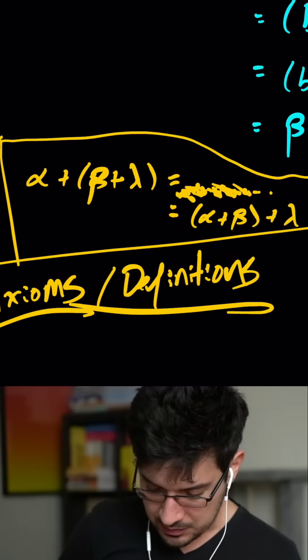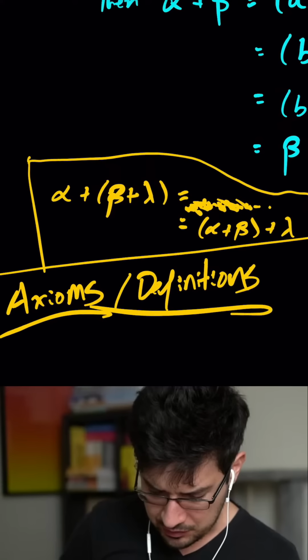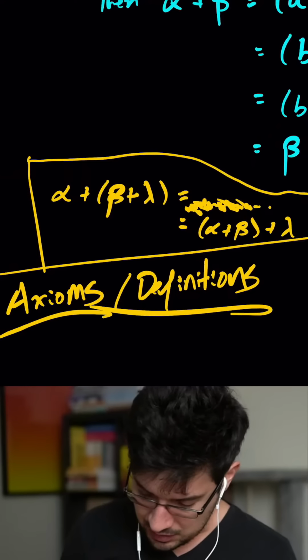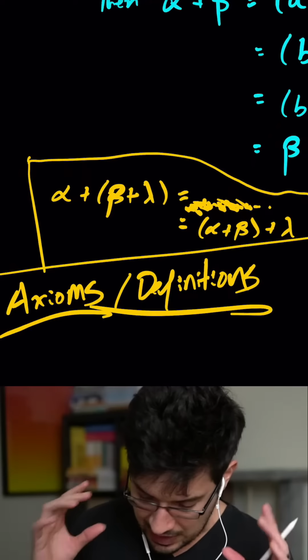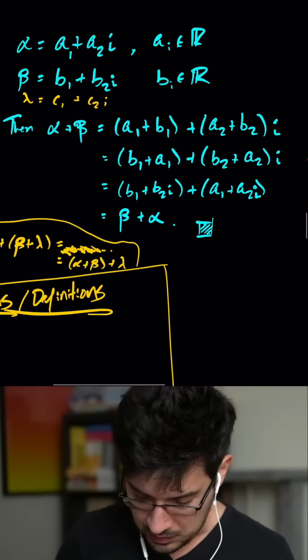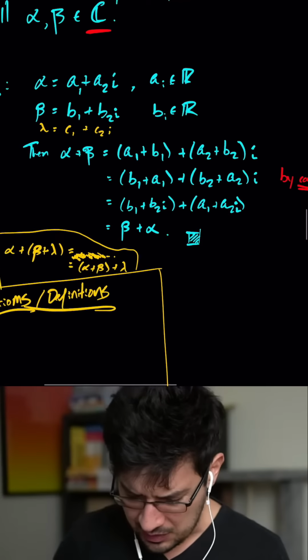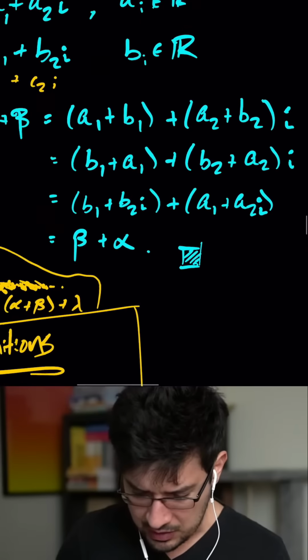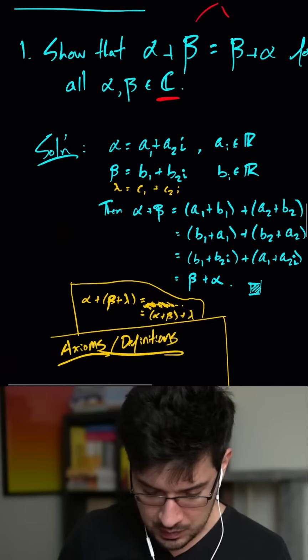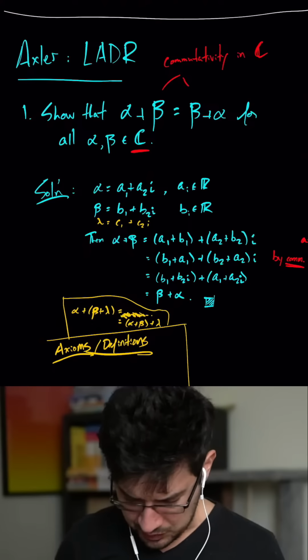But yeah, so the goal is alpha plus beta plus lambda equals, dot dot dot, parentheses alpha plus beta plus lambda. That's your goal. It looks like the iPad got stuck while writing out this proof for Axler 1.1.